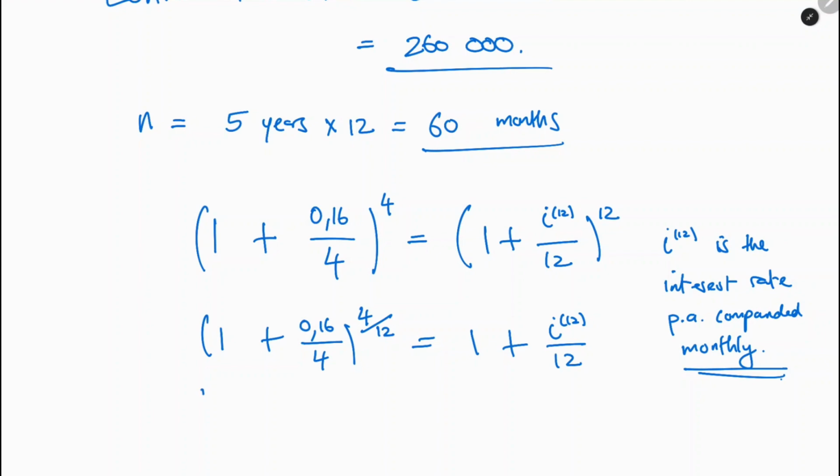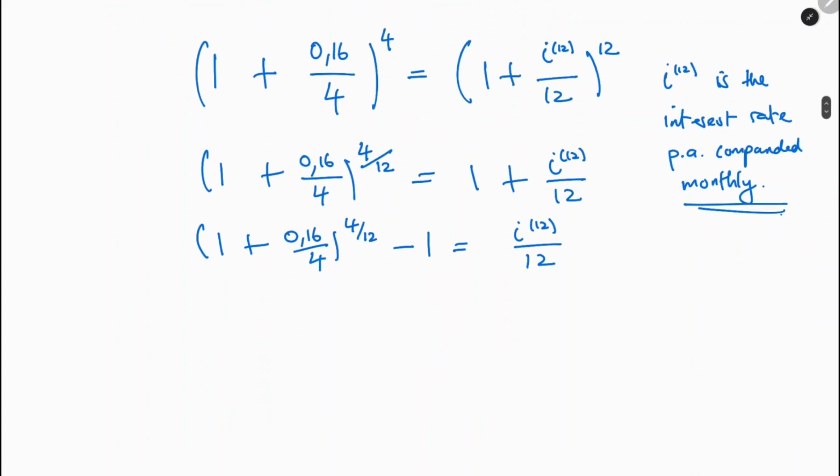Then I'm going to minus 1 on both sides, and then I've got I-12 over 12. And then I'm going to multiply by 12. So I've got 12 multiplied by this whole expression here, minus 1, and that's going to equal I-12.